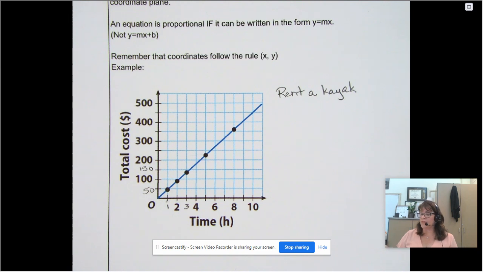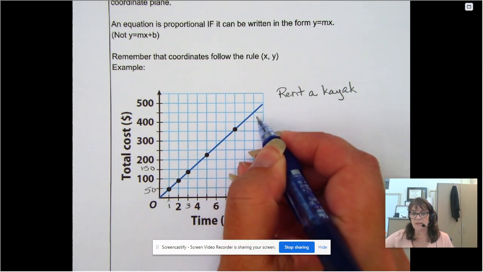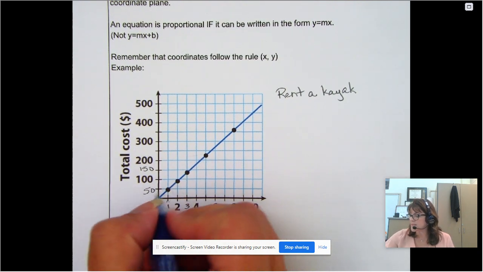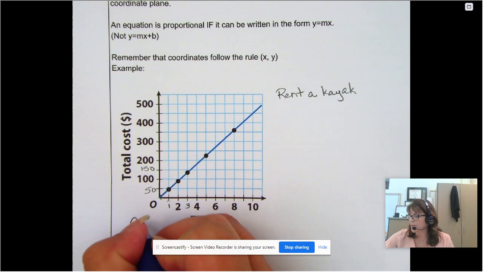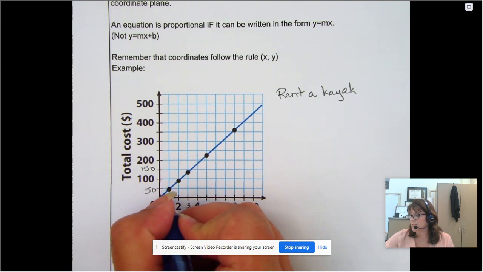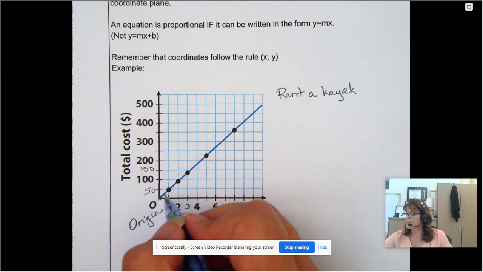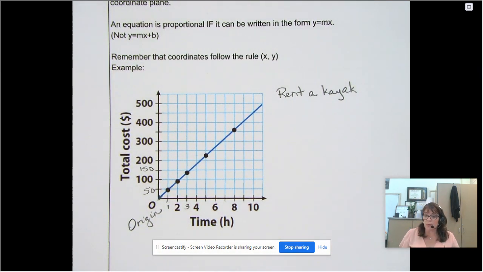We would have to figure that out based on the slope of this line. But what we do know is the origin right here: the line goes through it or touches it, and it is a straight line. That means that if I rent a kayak for 0 hours, it's going to cost me $0. That automatically makes it proportional.